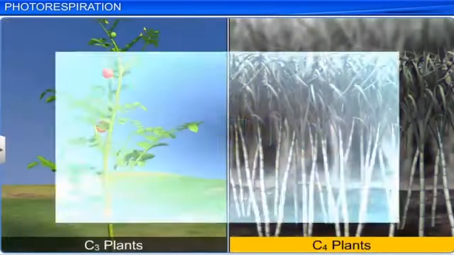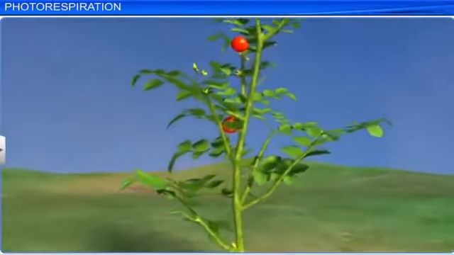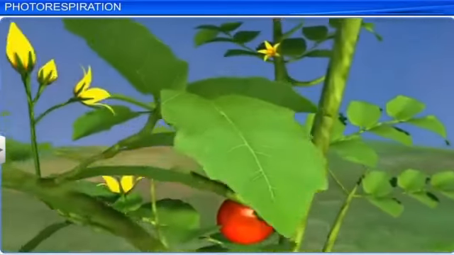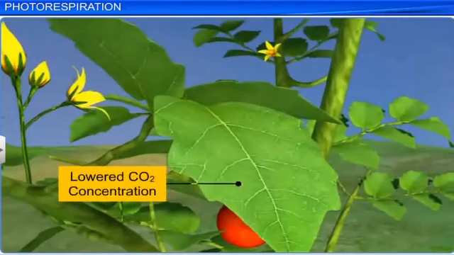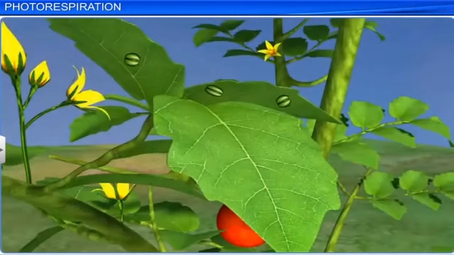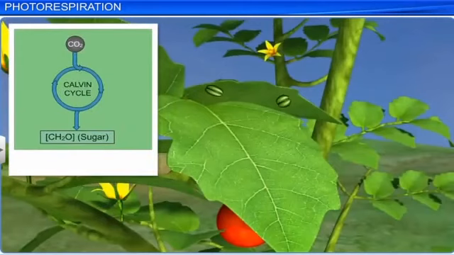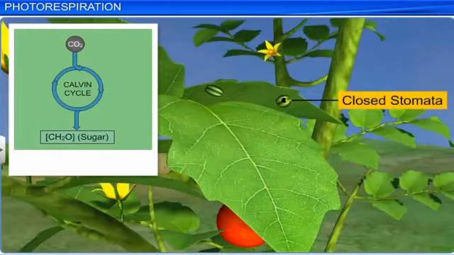In C3 plants, photorespiration is pronounced especially during dry conditions and in high temperatures when the concentration of carbon dioxide is lowered in the leaf. This is due to its utilization in the Calvin cycle after the closure of stomata to check transpiration.